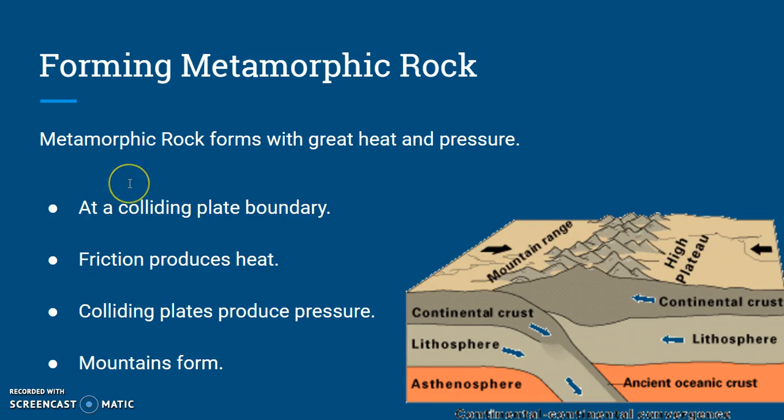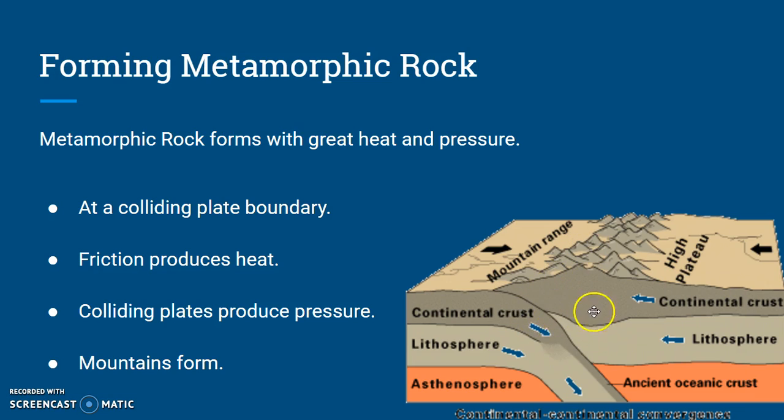Another way you can form metamorphic rock. Metamorphic rock forms with great heat and pressure. We already know that. That's in your notes already. But another place that it can happen, an example, is at a colliding plate boundary. Where this tectonic plate of Earth and this one are colliding, when they're sliding past each other slowly, the friction produces heat, and these colliding plates produce pressure, and these mountains form because they're getting pushed up by this collision.